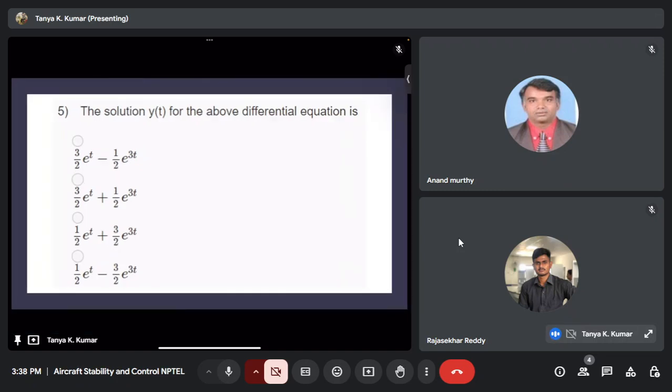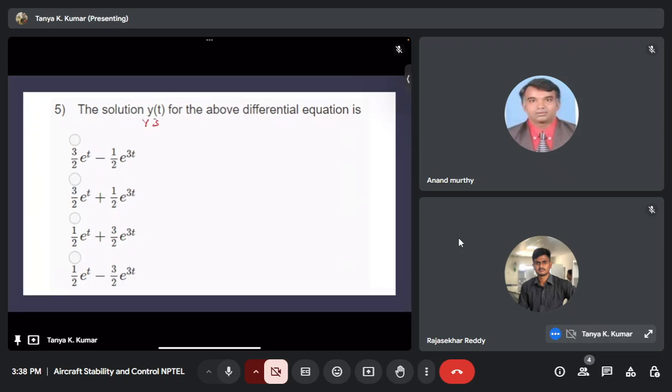How do we go about doing this? So we have y of s. We just found it to be 2 by s minus 1 plus 1 by s minus 1 times s minus 3, and they've asked us to find y of t.